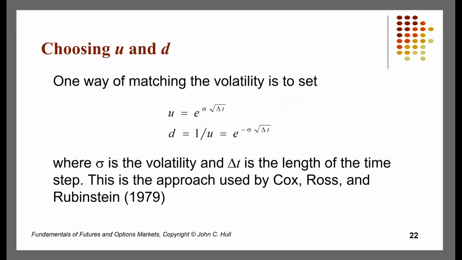Now we talked about U and D, how it is that we can estimate U. U is essentially like a growth factor of the value of underlying over a period of time, and U, of course, is going to be a function of the volatility of the stock, right?